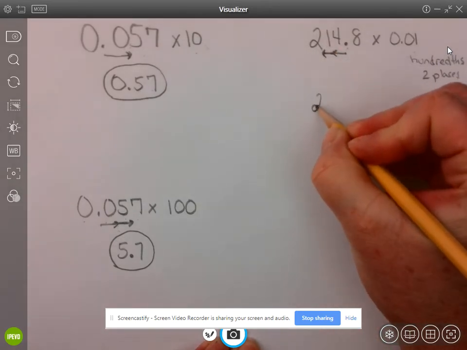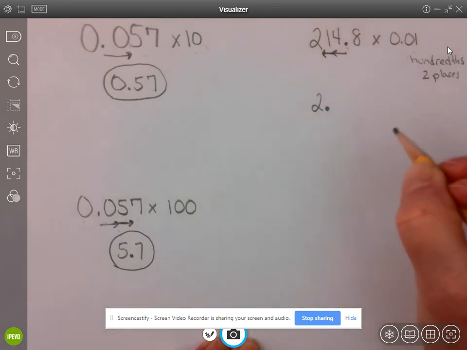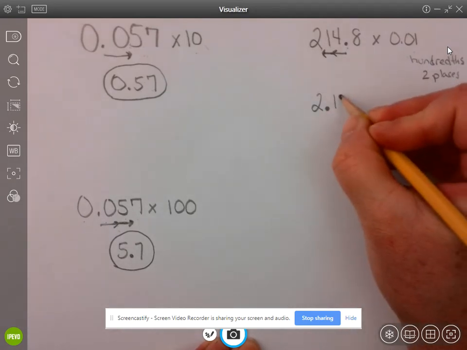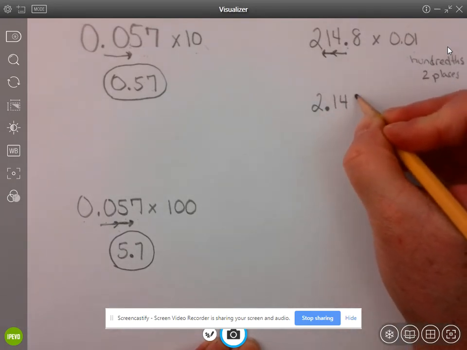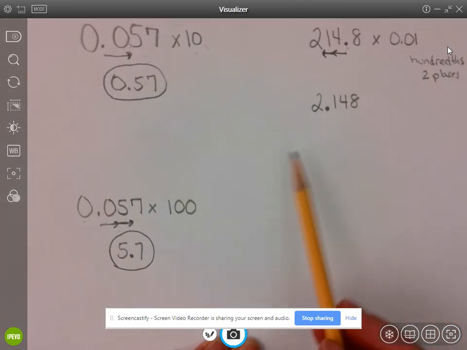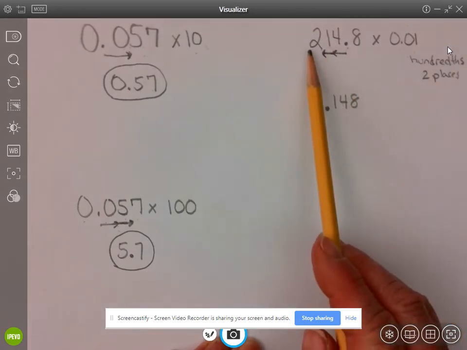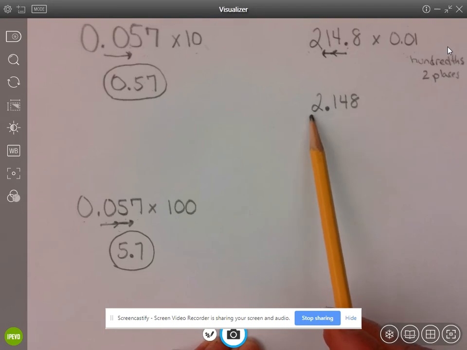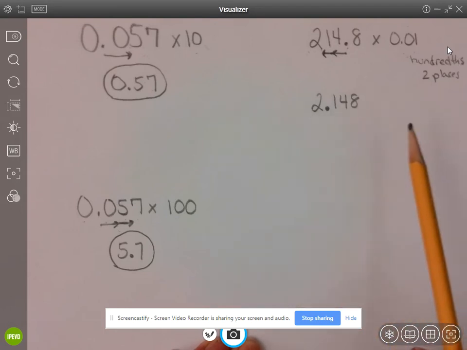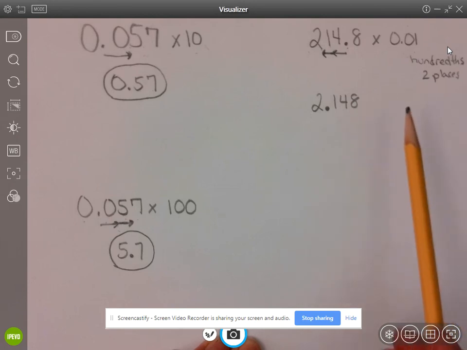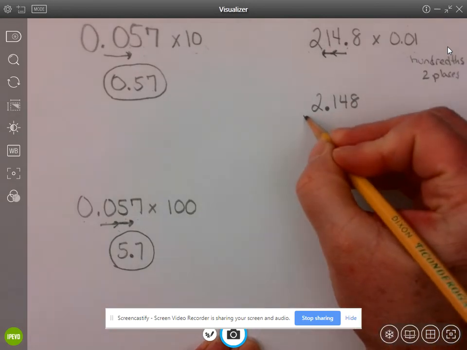When I write my answer, I'm going to keep my digits all the same, and I'm going to put the decimal point in between the 2 and the 1. And notice now my 2, instead of being in the hundredths place, it's now in the 1s. It moved 2 places to the right, which makes it 1/100th as great. So that would be my answer here.